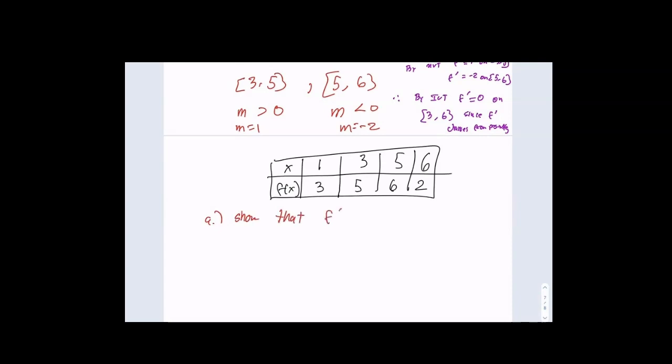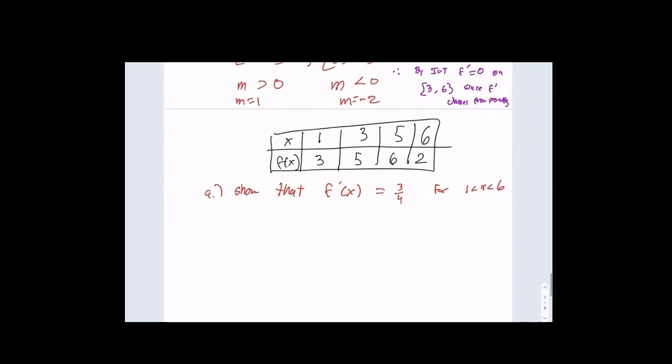Show that f prime of x is equal to three-fourths on the interval 1 less than x less than 6.